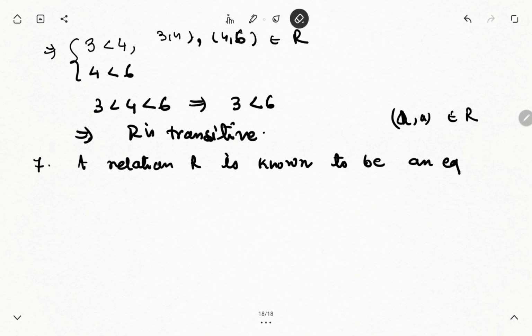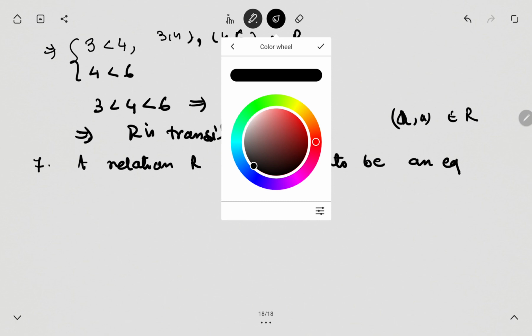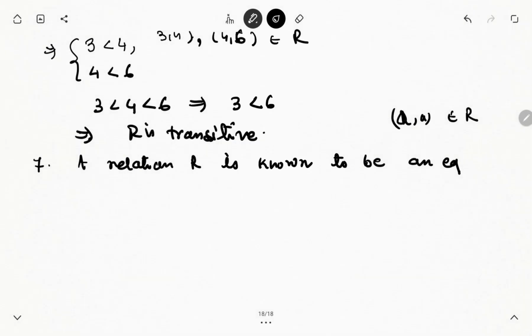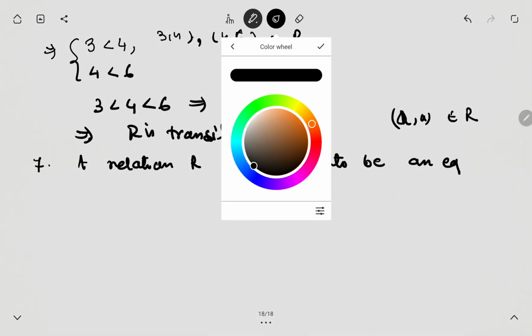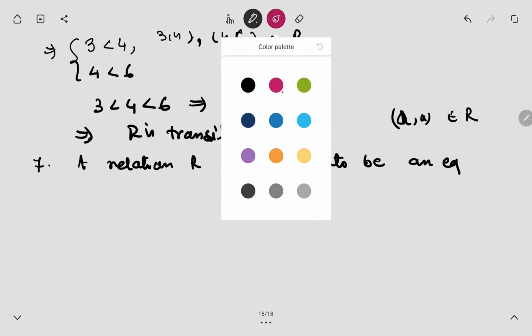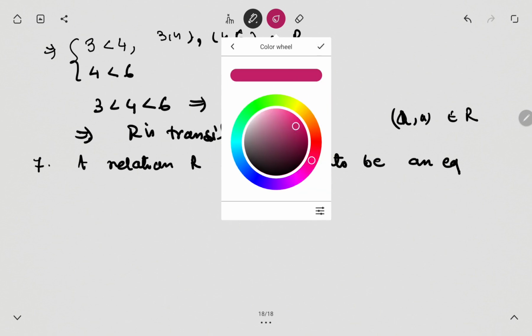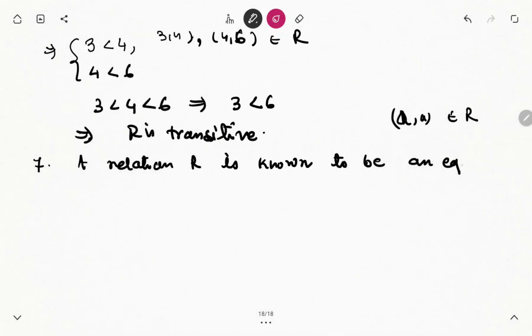So I should highlight this using a different color. Equivalence relation.